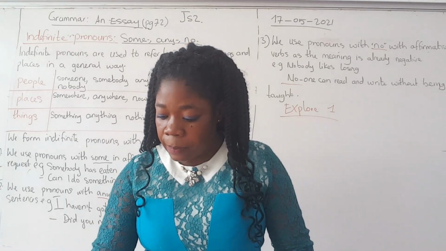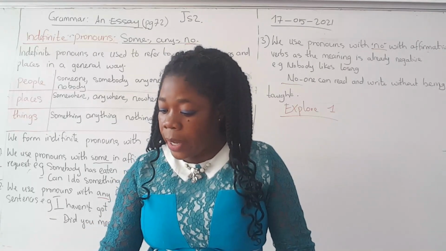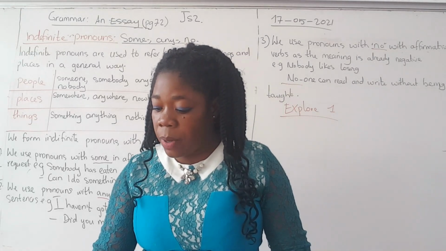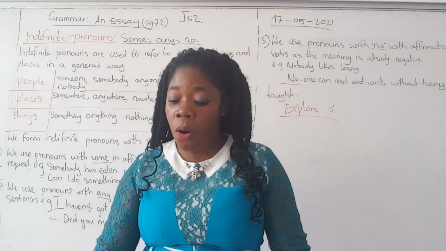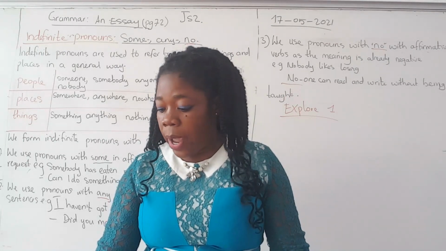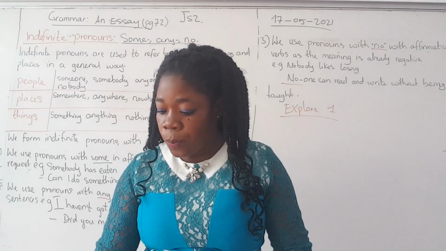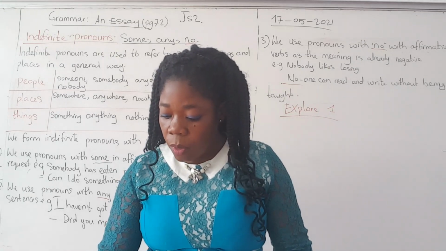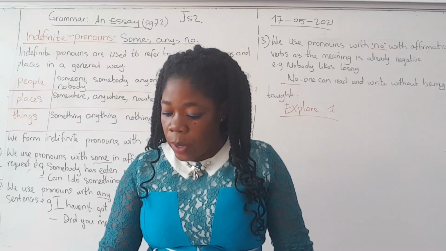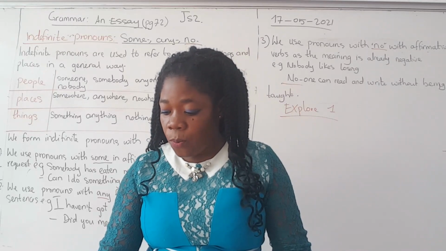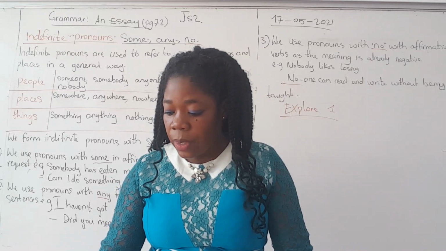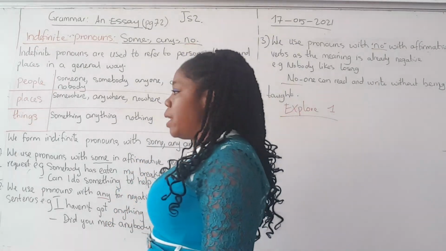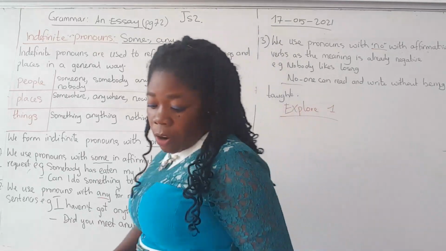Number 3, we can also use pronouns with any in affirmative sentences when we mean it doesn't matter who, what or where. For example, would you like anything else? Number 4, we use pronouns with no with affirmative verbs to make the meaning negative, as I've just explained on the board.